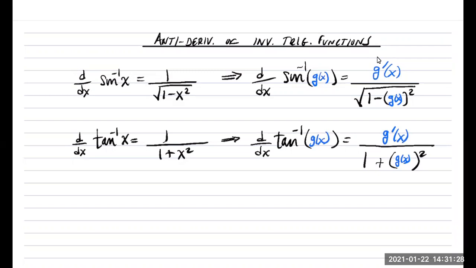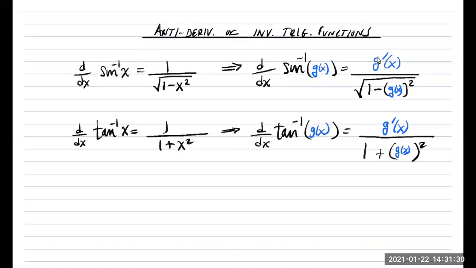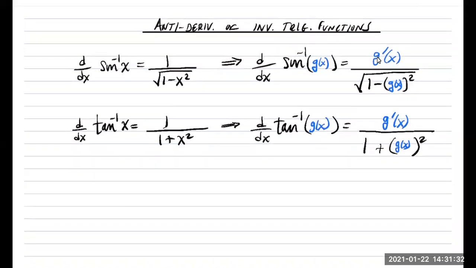All right, let's try some examples. Let's say we have the expression 6 over square root of 1 minus x squared, okay?